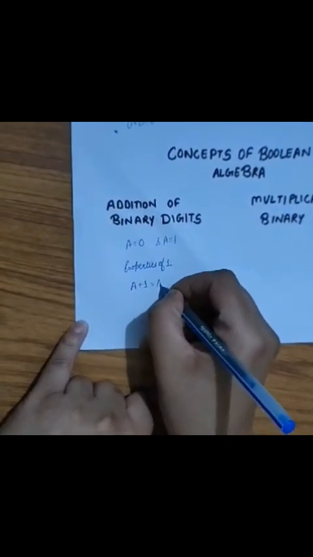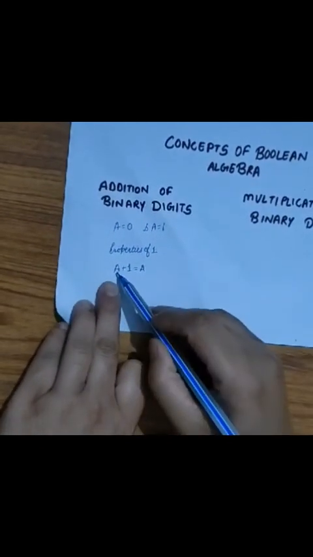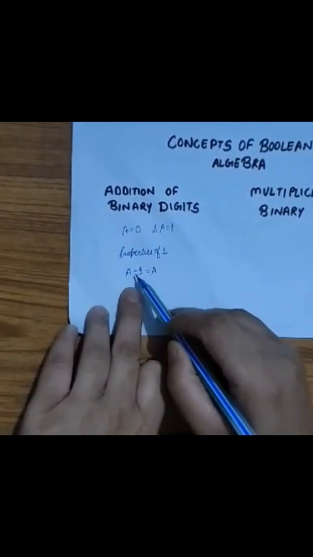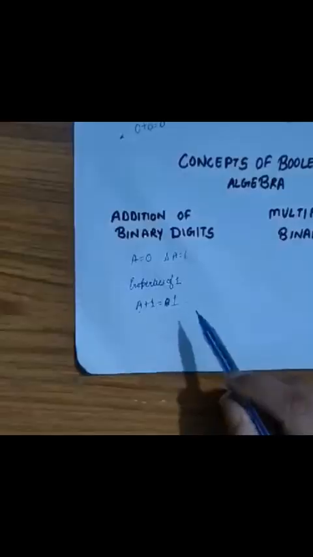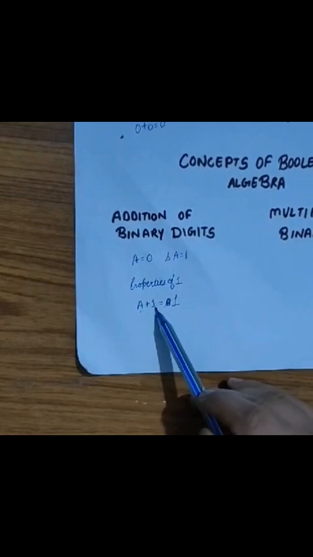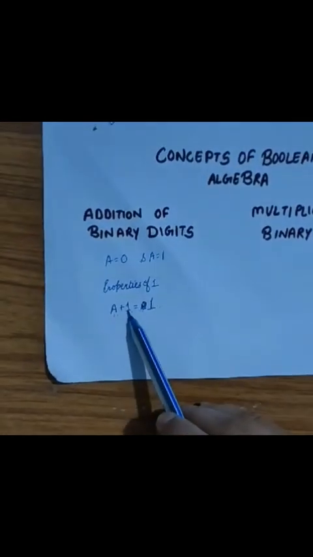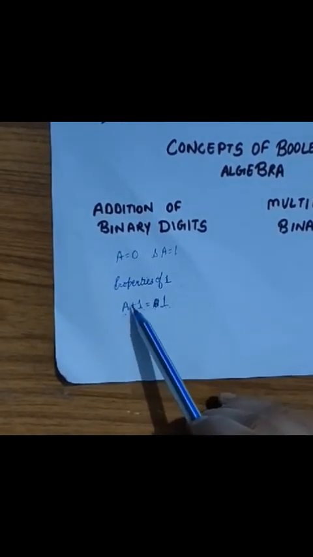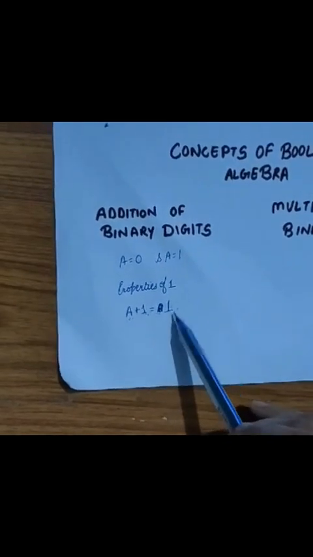So according to properties of 1, A plus 1 is 1. For let's say if A is 0, so 0 plus 1 is equal to 1. And if A is 1, so 1 plus 1 is 1.